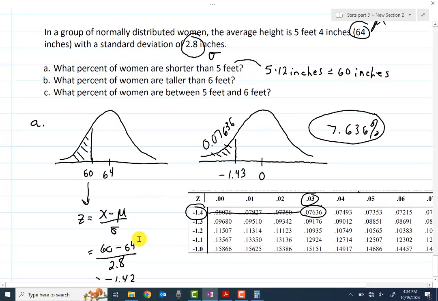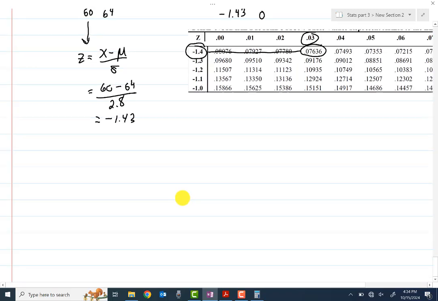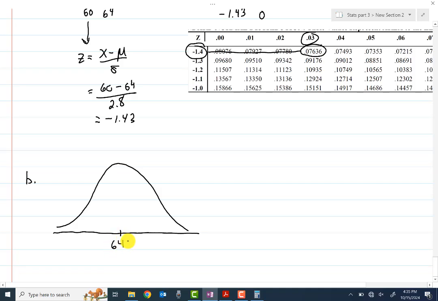Next, we're going with 6 feet, taller than 6 feet. So 6 feet, 6 times 12 is 72. So we're going to have 72 inches. And we want women that are taller than that. So I'm going to get a z-value.